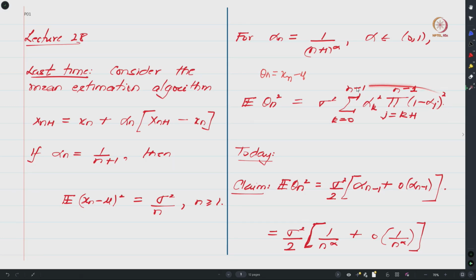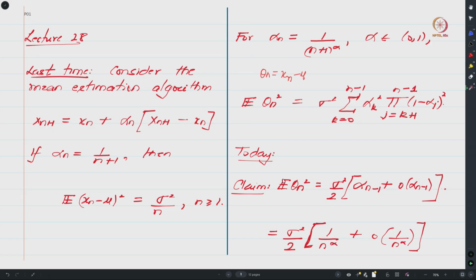In today's class we will derive an upper bound on this expression so that we can show that expected value of theta n square is sigma square over 2 times alpha n minus 1 plus an expression that is little o of alpha n minus 1, which means that for sufficiently large n, this expression dominates this sum, and hence dominates the convergence rate of xn.